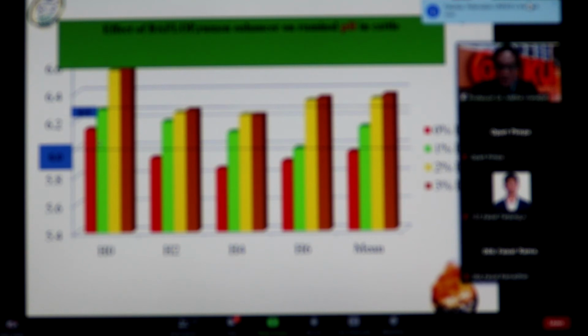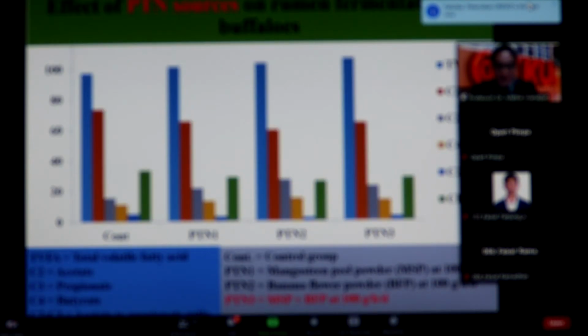And another former PhD student also worked on the effect of comparing mangosteen peel powder and banana powder and the combination. You could see that the two sources and the combination were significantly improved as compared to the control treatment.